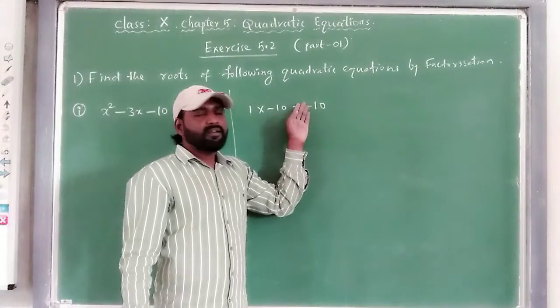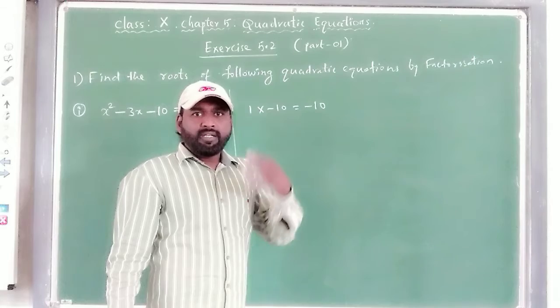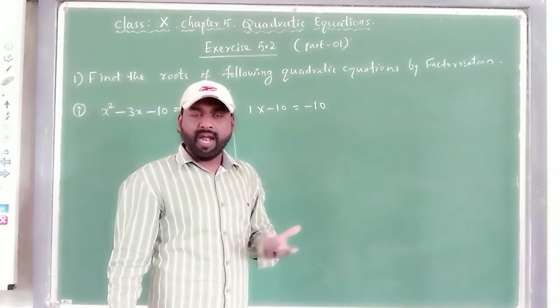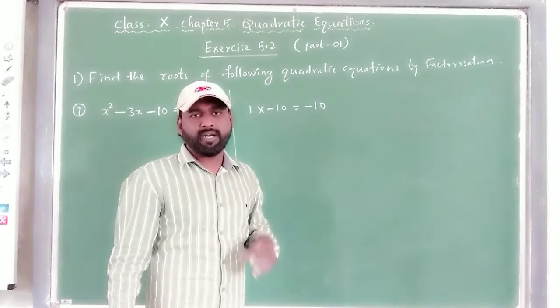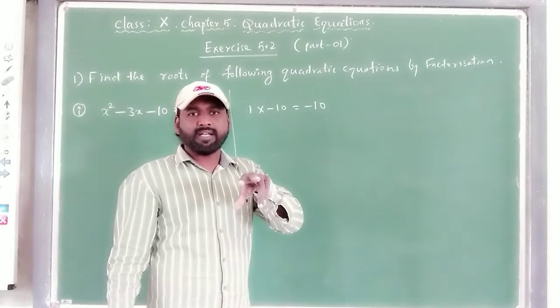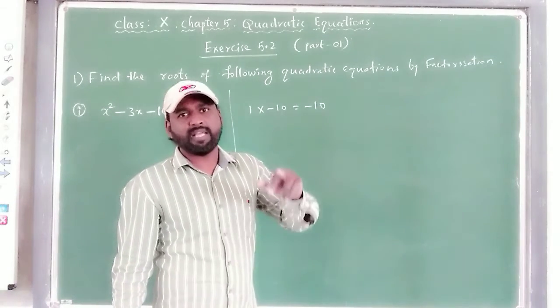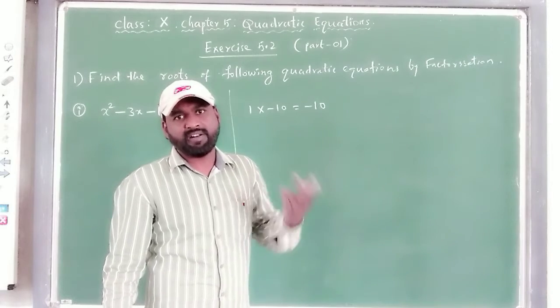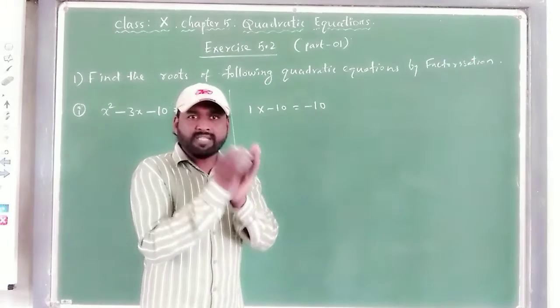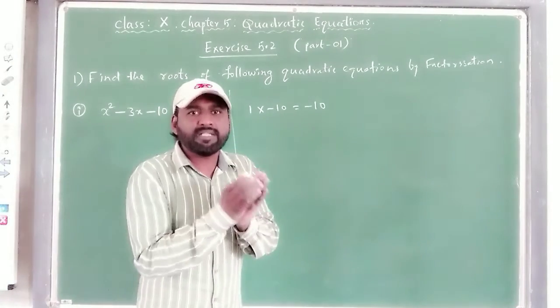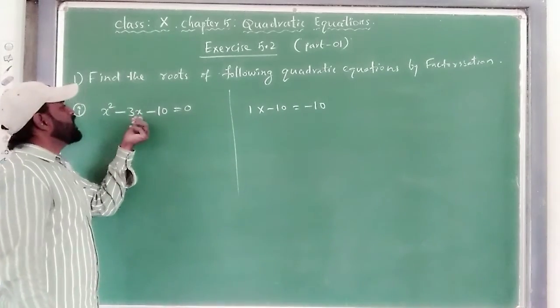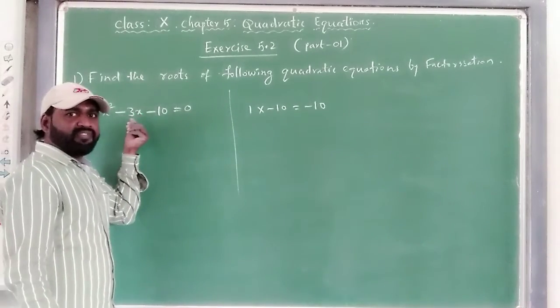That number 10 will have factors. Let us write all the factors of 10. Choose any two factors so that by adding those two factors or by subtracting them from one another, that means the sum of the two factors must give the coefficient of x term.